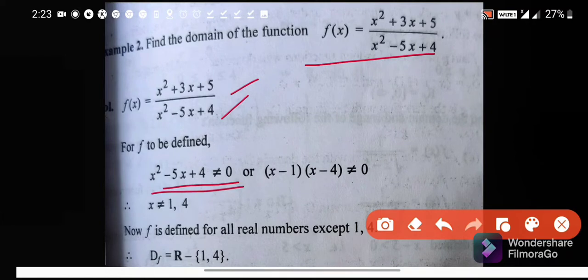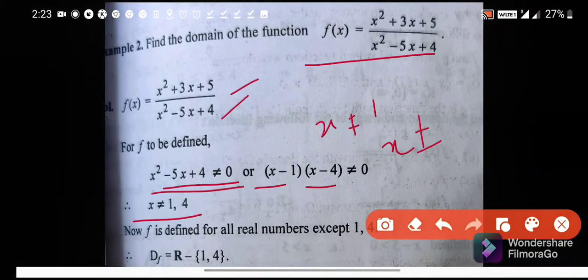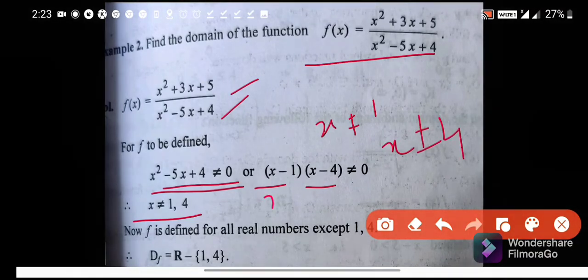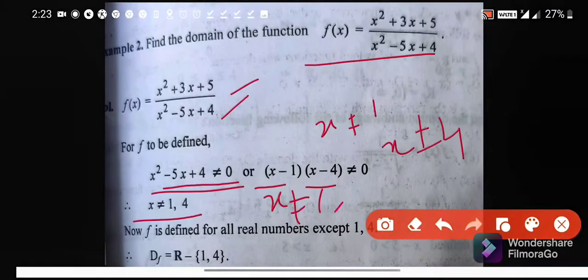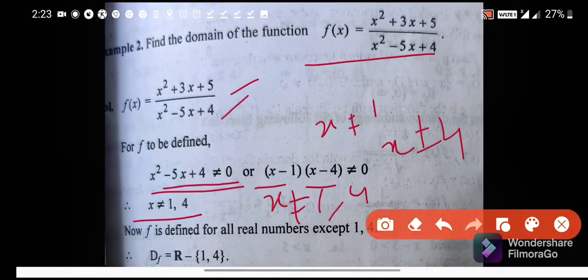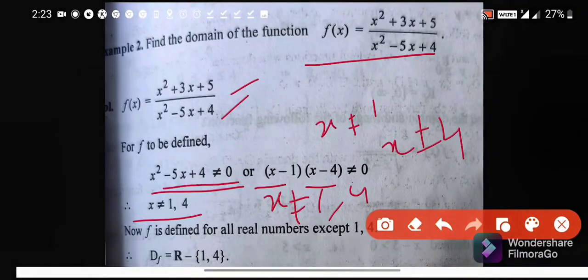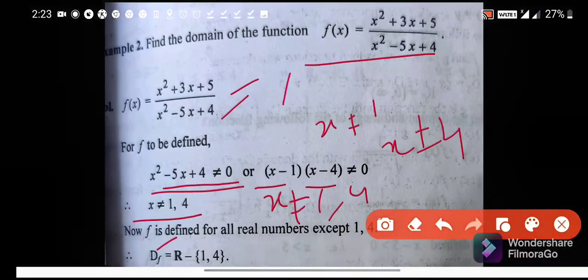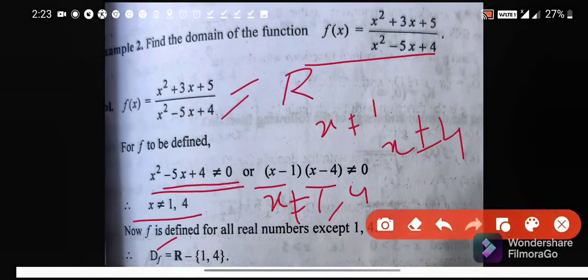Now factorize this. (x minus 1)(x minus 4) is not equal to 0. That is x is not equal to 1 and x is not equal to 4. So domain of function is equal to real numbers minus {1 and 4}.